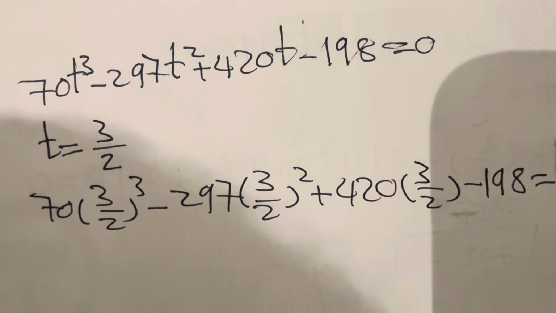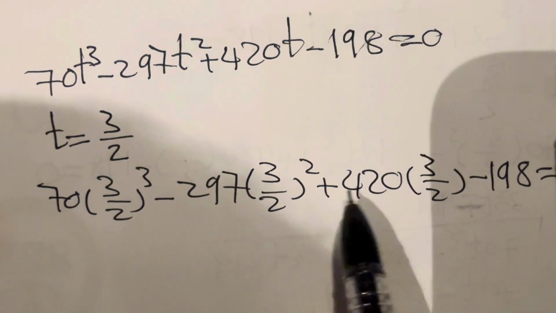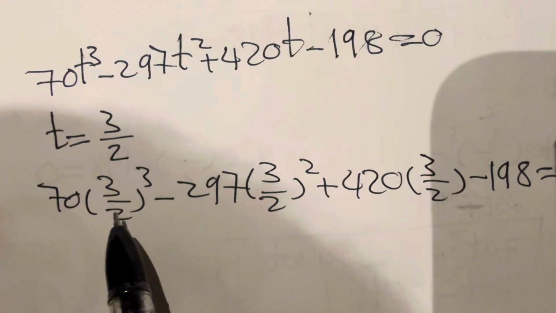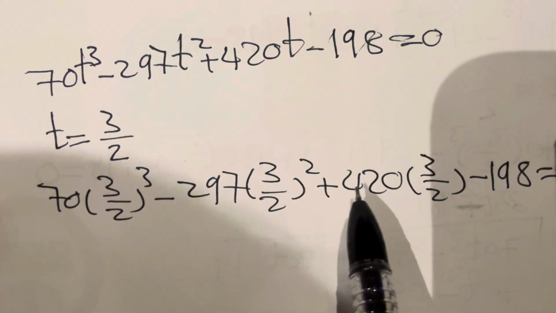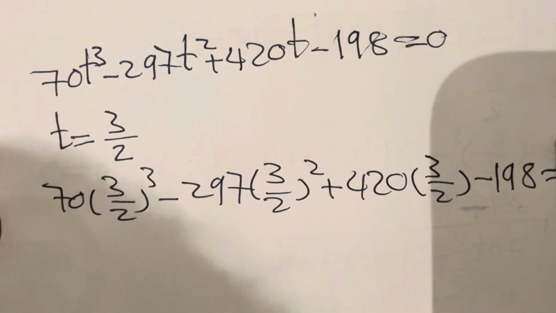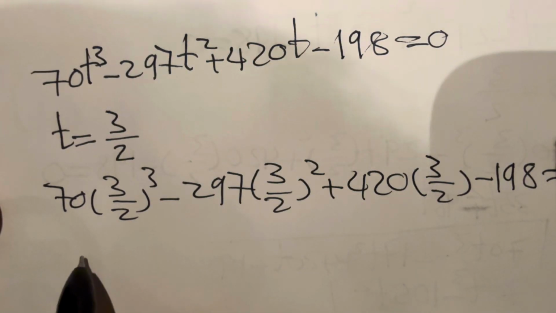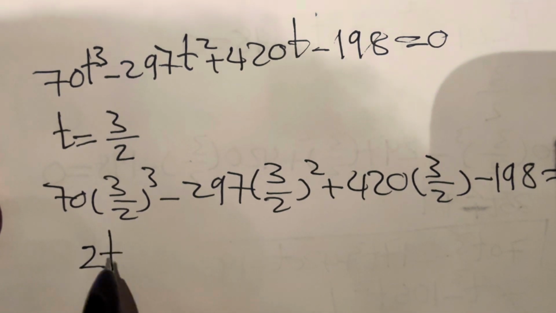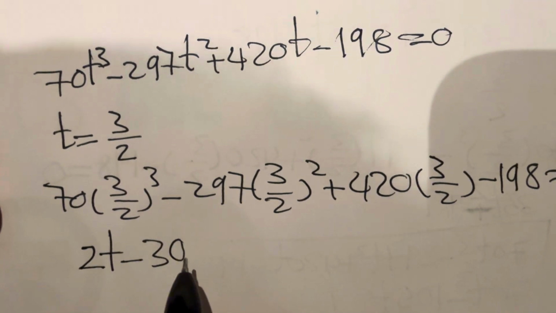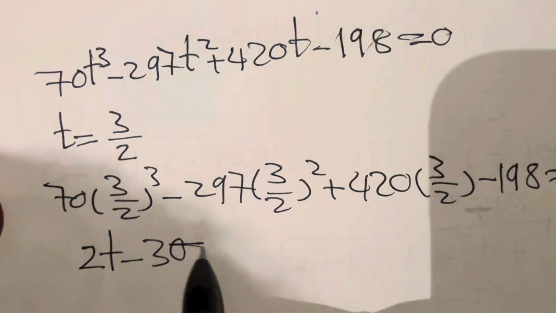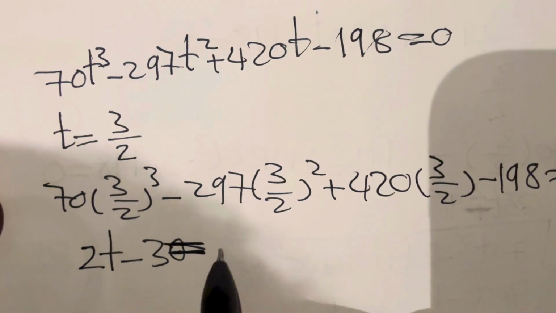If you calculate all this, it will give you that one of the roots is t equals 3 over 2, which gives 2t minus 3 equals 0.